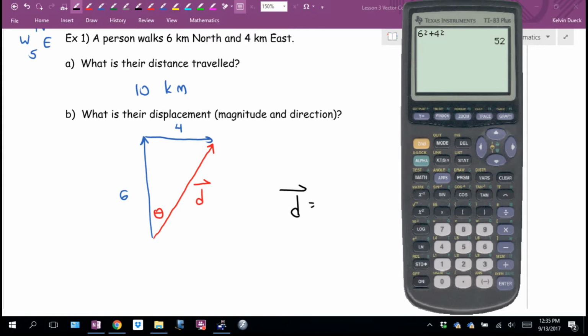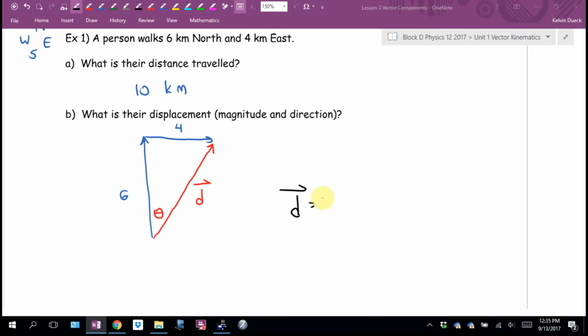Are you in terrible form? You know what? I'm putting this lesson on YouTube just to show my shame for not being able to do math in my head. 6 squared is 36. 4 squared is 16. 36 and 16 is going to be the square root of 52, which is going to be 7 point something. 7.1 or 7.2? 7.2? Wow, I was totally off. 7.21.